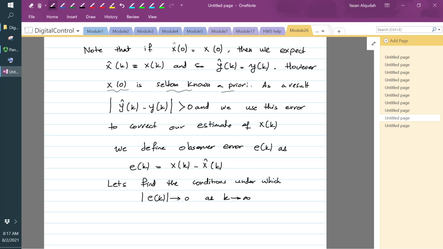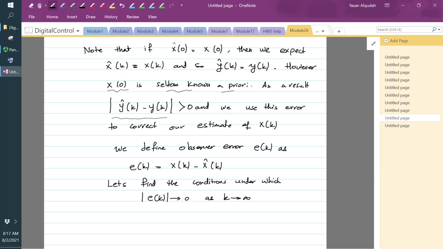And this error is equal to y tilde minus y of k. This is going to be an error that is greater than 0. However, we're going to use this error in order to correct our estimate of x of k.